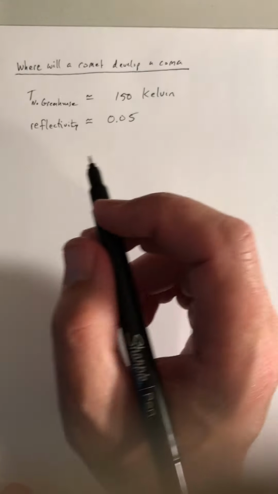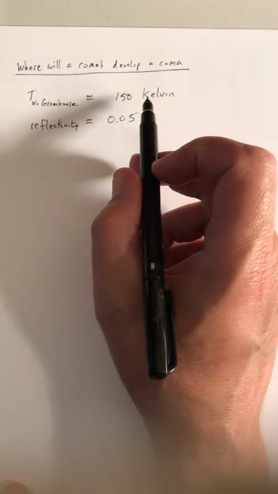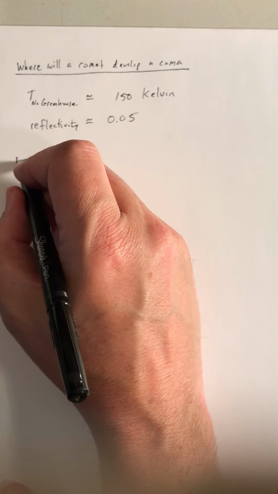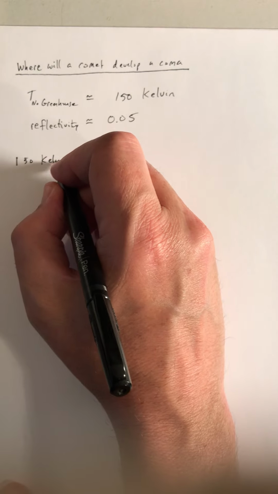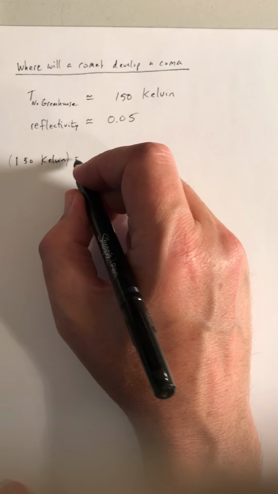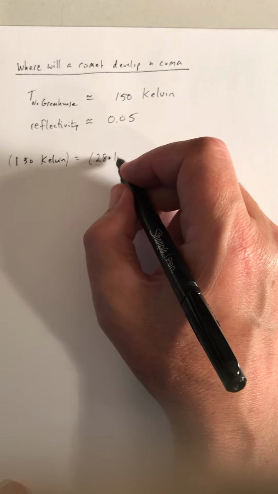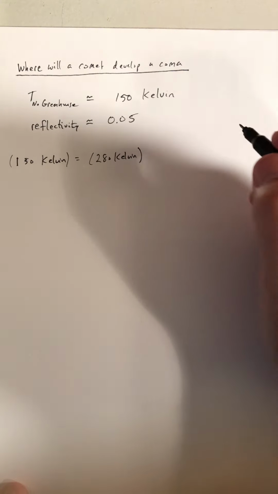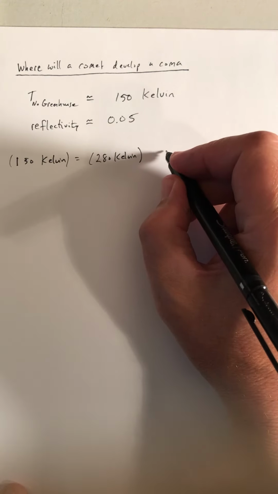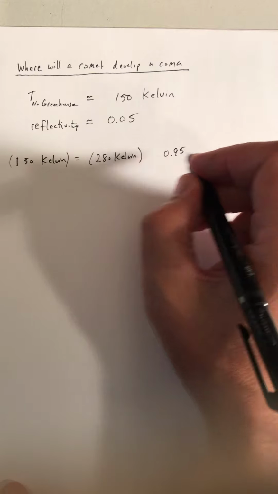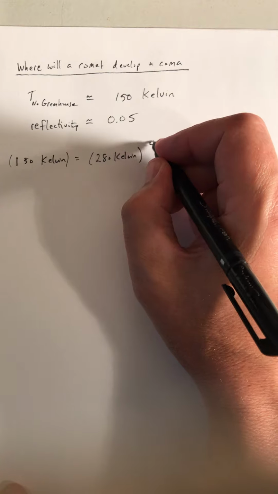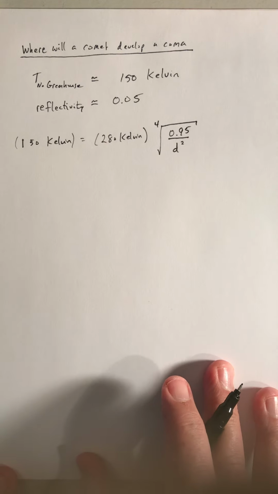We use our equation to find the equilibrium temperature, and we actually know both temperatures. I'm going to have 150 Kelvin on one side and 280 Kelvin on the other side. 1 minus 0.05 is going to give me 0.95 over distance squared. That's all under the radical for the 4th root.